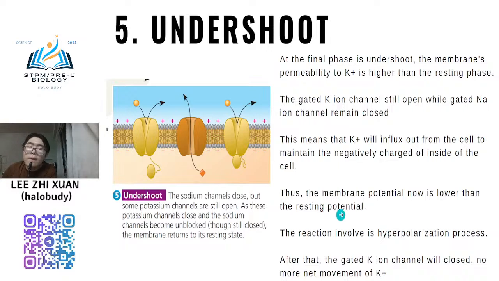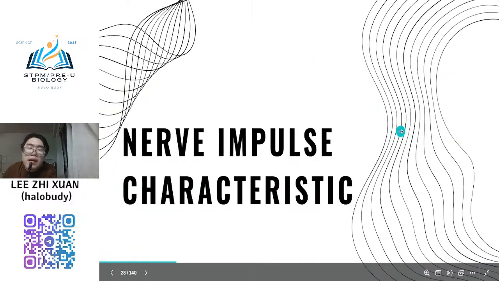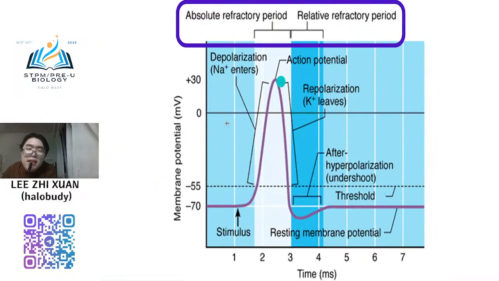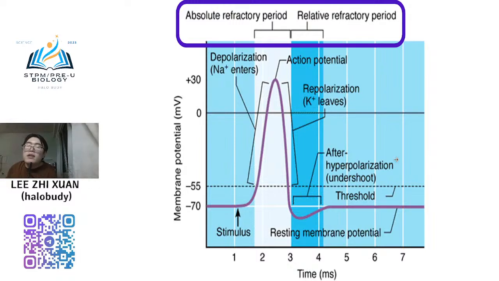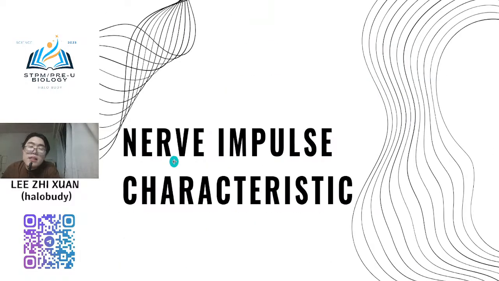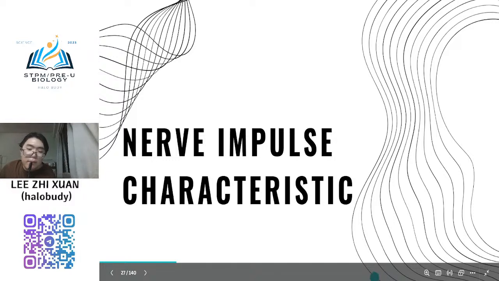Once they reach the resting state, your potassium ion channel will close again, and then this process repeats and repeats again, because it is transmitted along the axon. The nerve impulse will be transmitted along the axon. Okay, so this is the theory about the action potential.